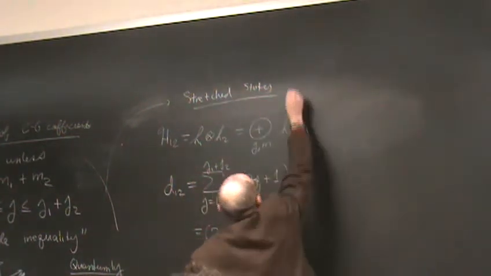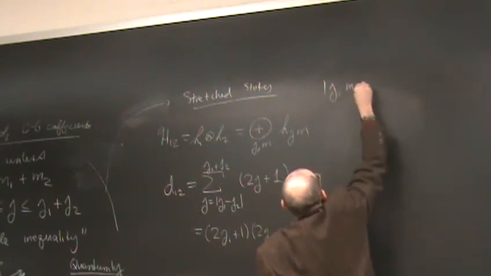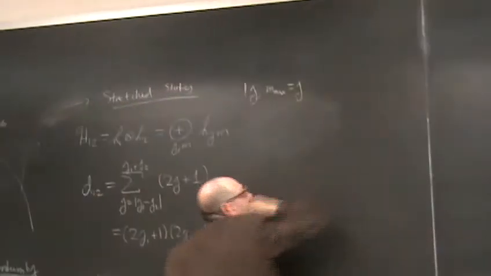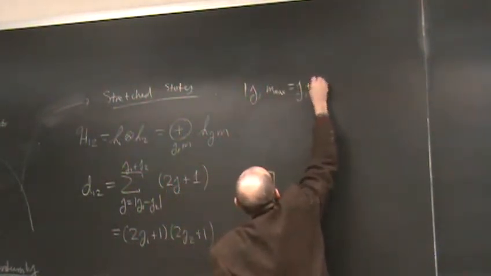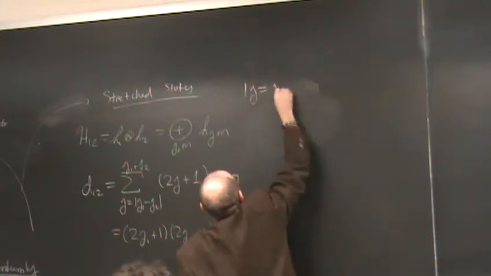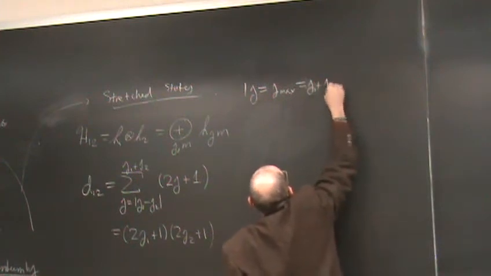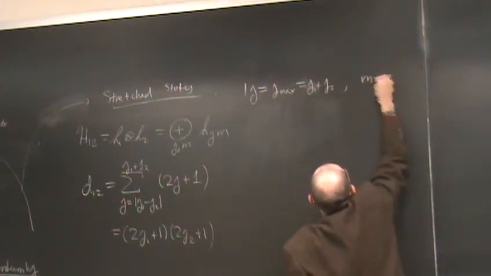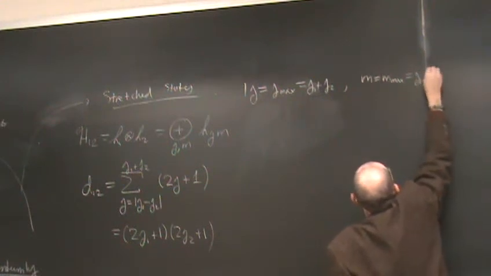The stretch states are the states where I have the maximum possible value, which is J equals J max, or I'm sorry, J equals J max is J1 plus J2, and M equals M max, the same thing.